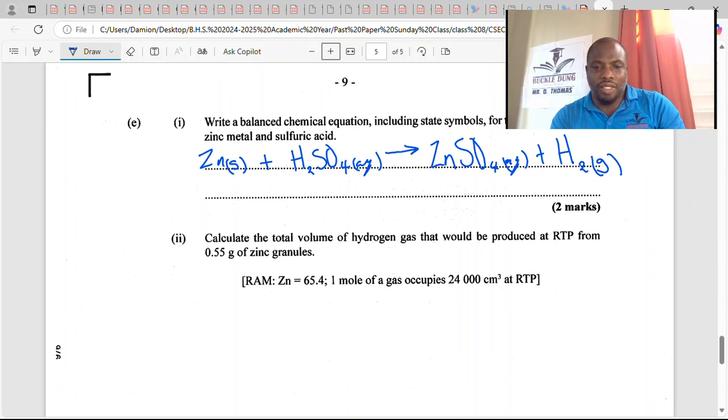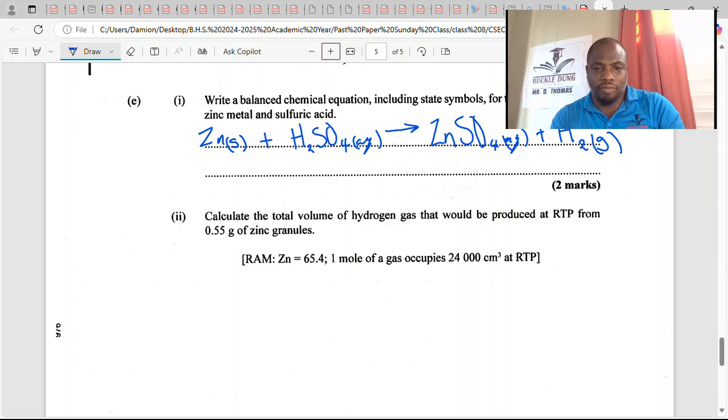So finally, look what they did. Then bring in moles. Then go RTP. They want to calculate the total volume of hydrogen gas that would be produced at RTP from 0.55 grams of zinc granules.